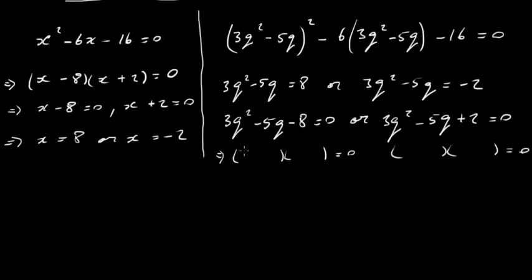So let's see. Here we've got 3q times q. Now we've got an 8 here, so we can do 8 times 1 or 2 times 4. Let me see, what will I do here? Actually, I'm going to do 8 times 1.